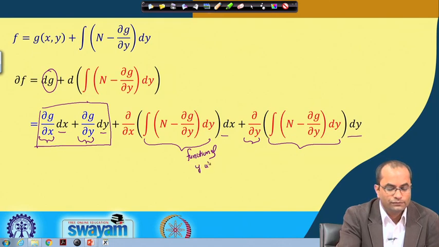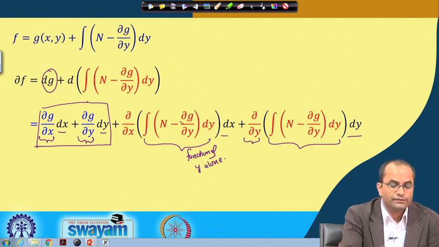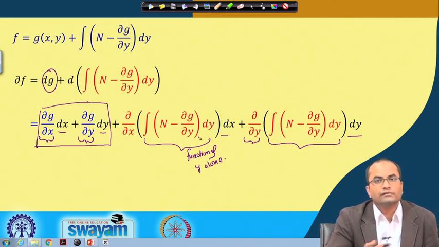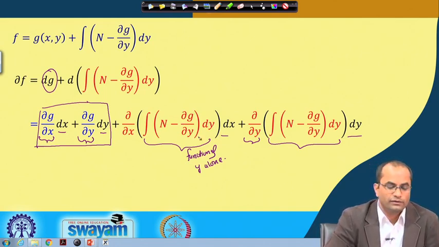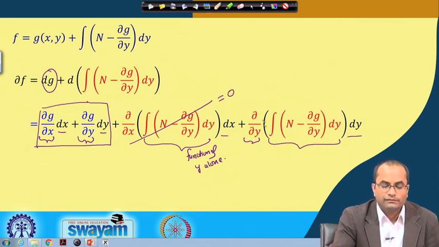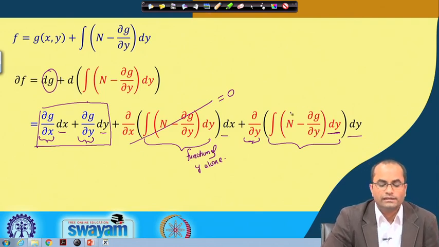Now what we have observed is that this is a function of y alone. We have already checked before that this is a function of y alone, and its integral will naturally again be a function of y alone. So, when we talk about the partial derivative with respect to x, this term will be 0. Then we have del over del y of this integral with respect to y, and we are taking the derivative, so this will remain only with n minus del g over del y.